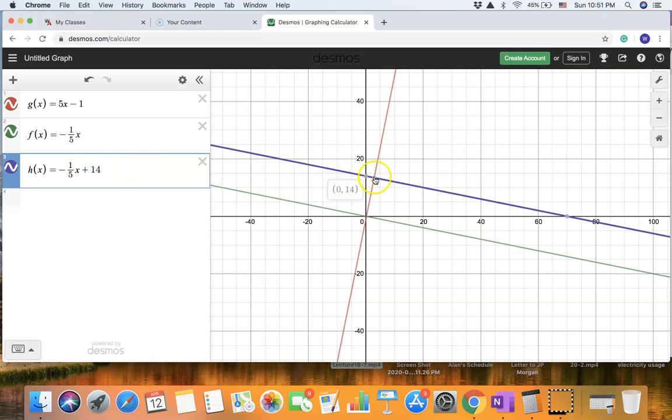Now, these two are also perpendicular, right? Okay. So there are infinitely many straight lines. As long as their slope is -1/5, they will be perpendicular to g(x).